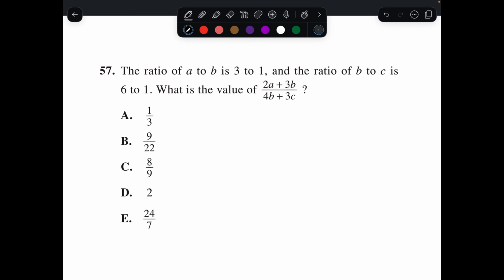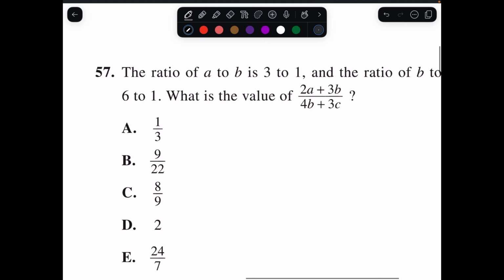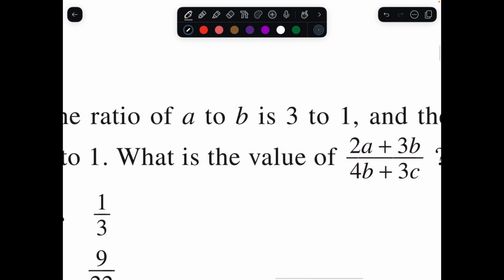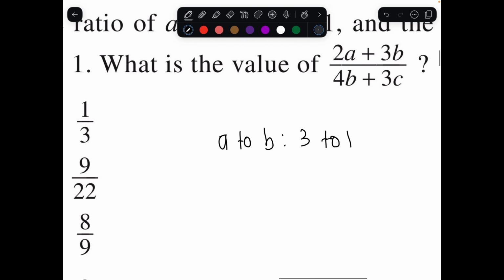So what you want to do is you should get B to the same number, and I'll show you why. So if we multiply the first ratio, A to B, 3 to 1, by 6, this becomes 18 to 6.